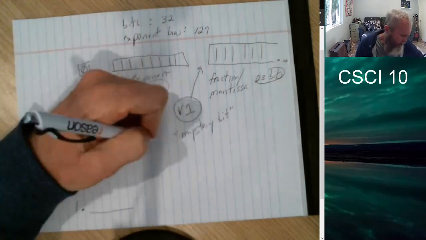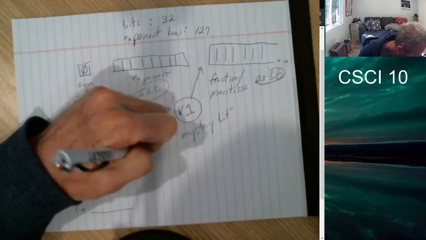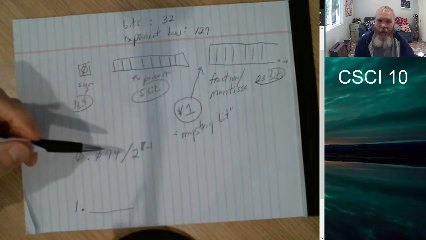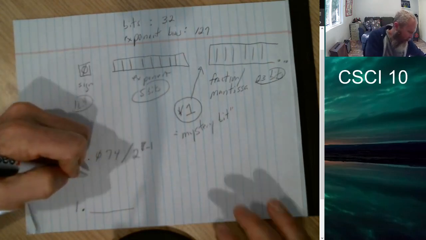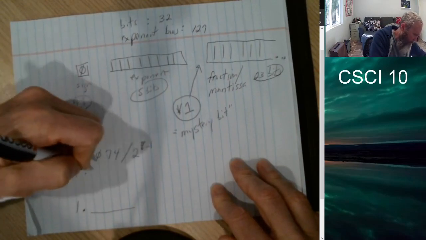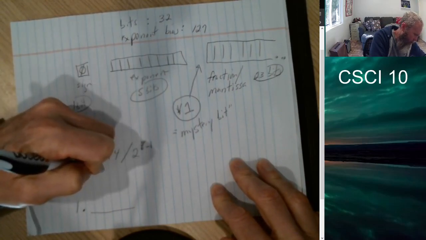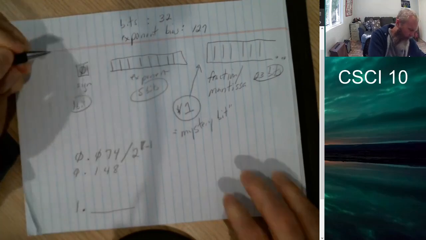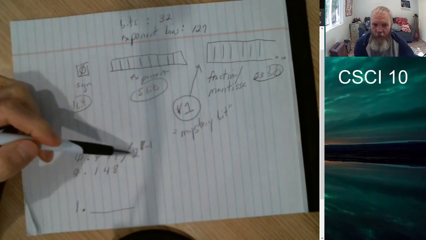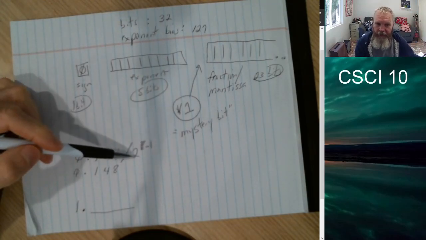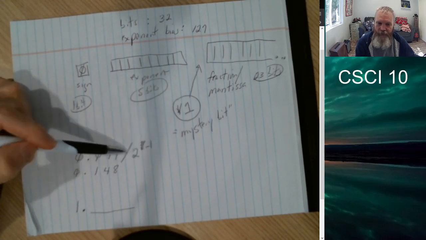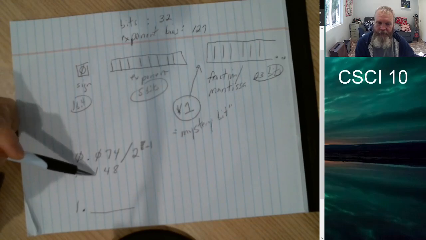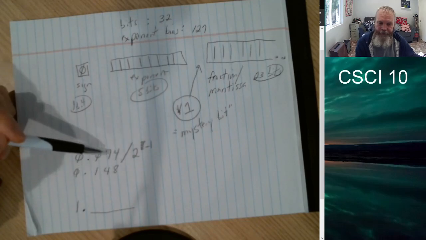So if we were to divide it by 2 to the negative first, that would be the same thing as multiplying it by 2, which would give us 0.148. That's if we were to divide it by 2 to the negative first. So, not good enough yet. I need 1 point something.